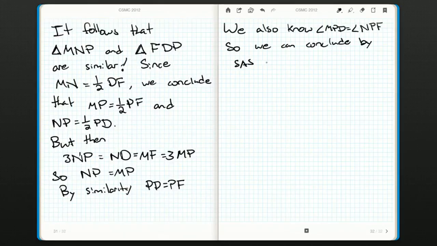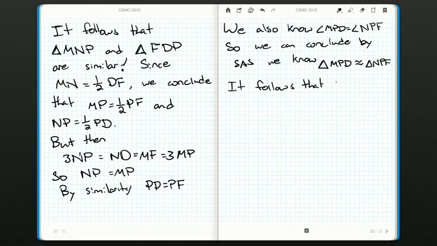So by side angle side congruency, triangle MPD is congruent to triangle NPF. And it follows from there that DM is equal to FN as lengths.